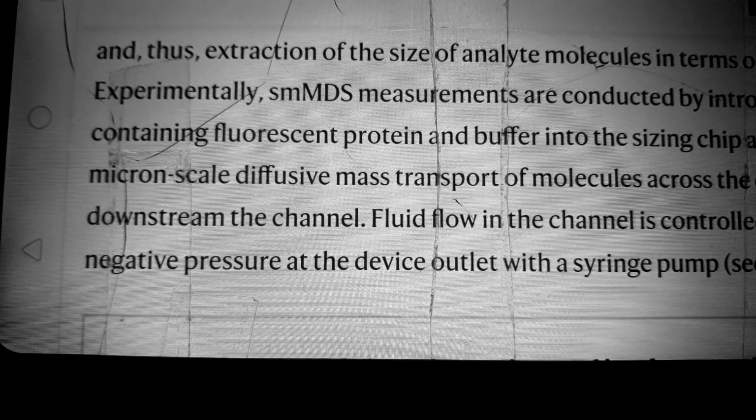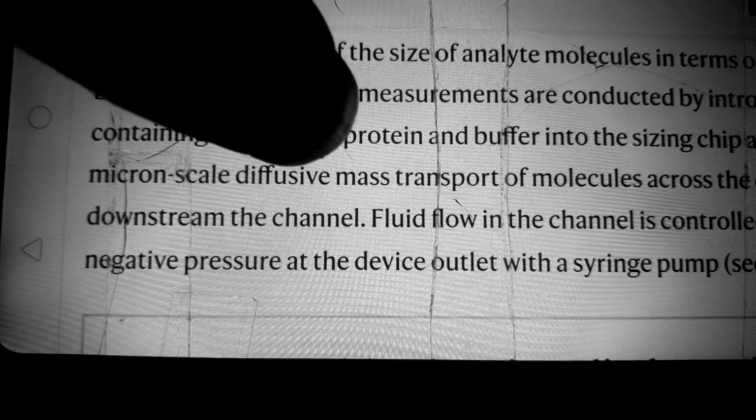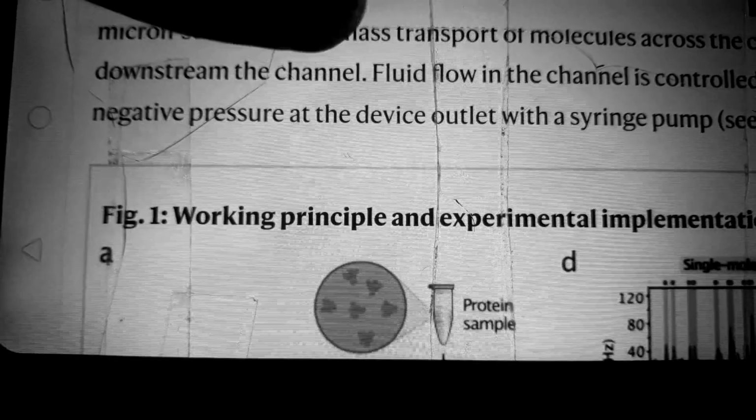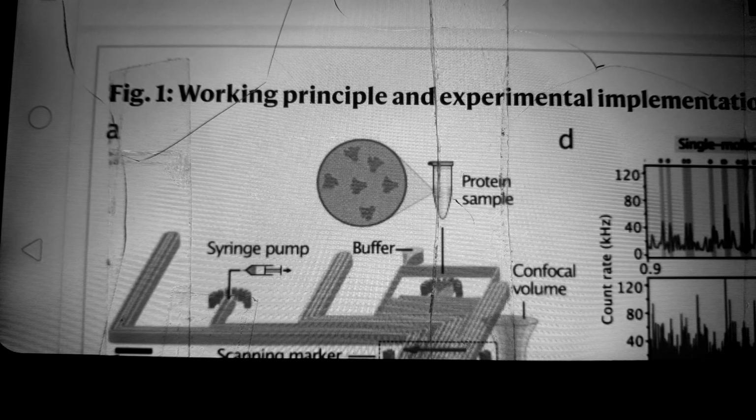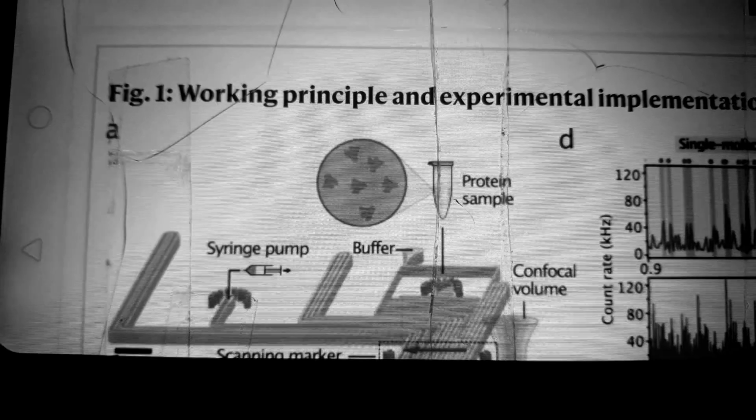Experimentally, SMMDs measurements are conducted by introducing a sample containing fluorescent protein and buffer into the sizing chip and monitoring the micron-scale diffusive mass transport of molecules across the channel as they flow downstream. Fluid flow in the channel is controlled by applying a negative pressure at the device outlet with a syringe pump. See methods for details.